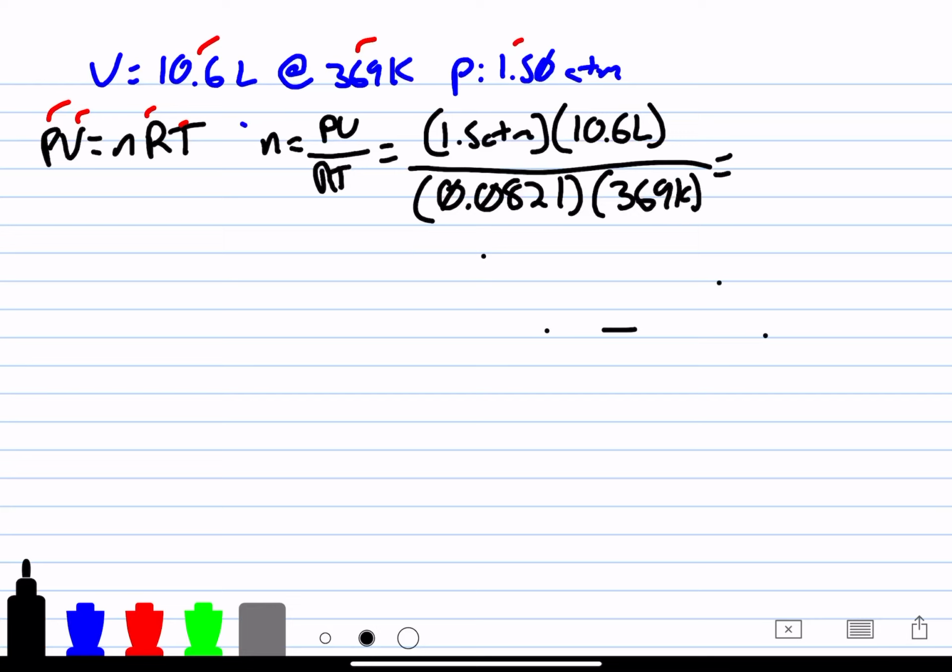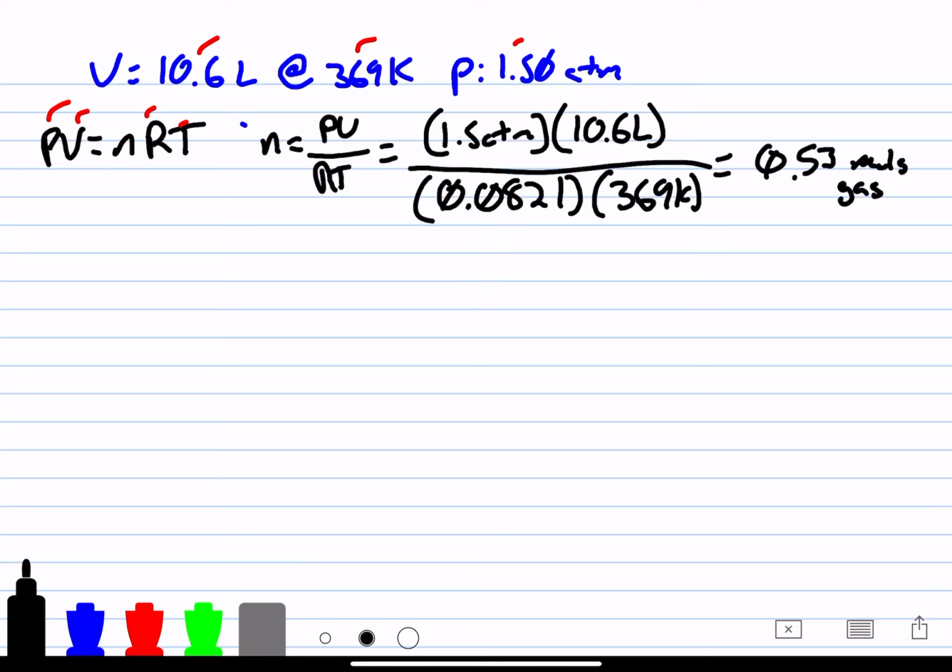And that comes out to be 0.53 moles of this gas. And it's most likely a mixture, could be pure. It doesn't matter for this particular problem.